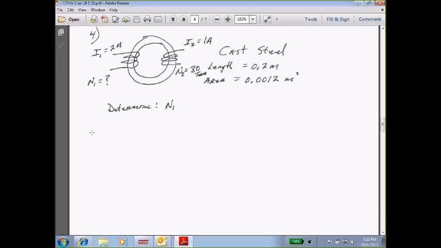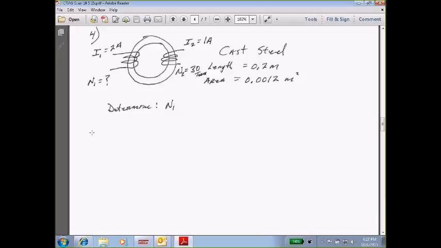Okay, we know that N times I is equal to H times L. So in this case, we'd have N1 times I1 plus N2 times I2 is equal to H times L. We also know that the flux density is equal to the flux divided by the area.